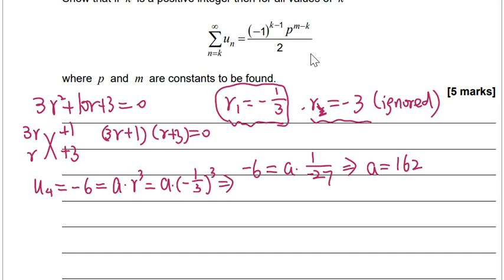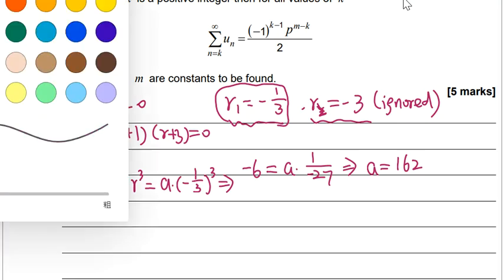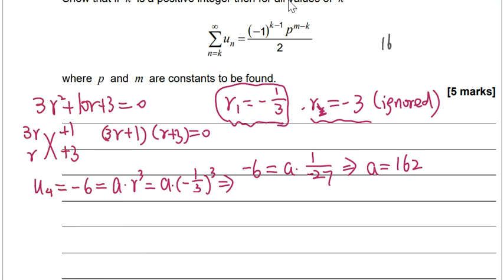By special, I mean that it can be written as something times 3 to the power of something, right? Because we know that, let's use a different color, 162 is actually 81 times 2, and 81 can be written as something like this part. I hope you can realize that, okay?